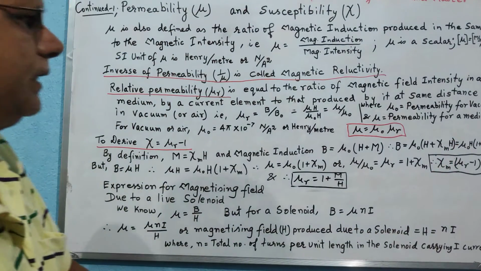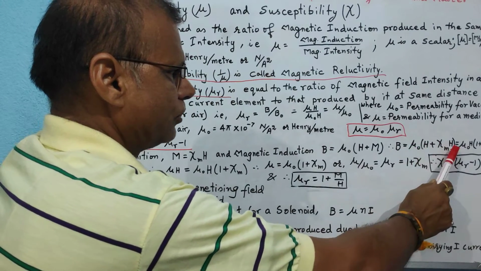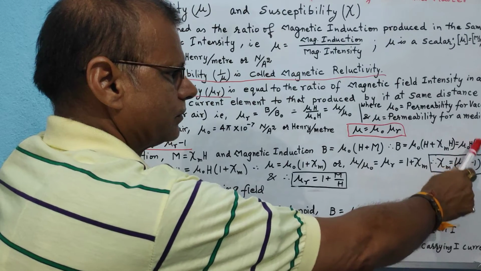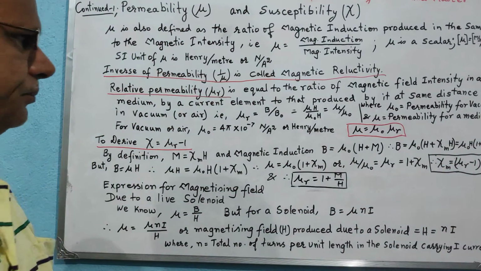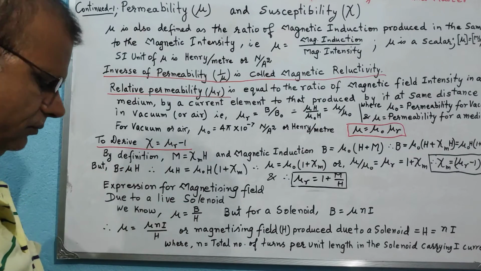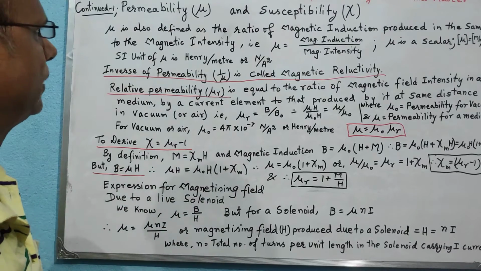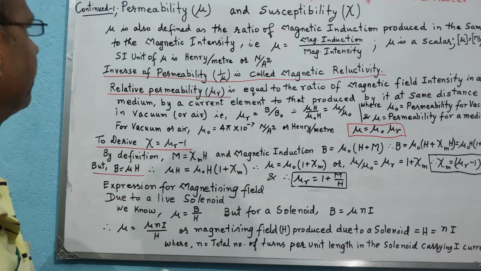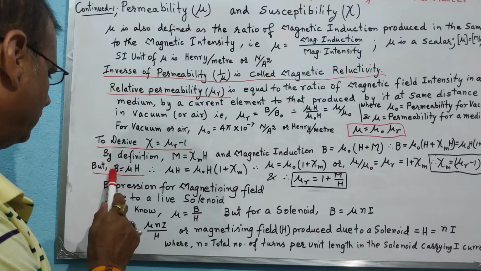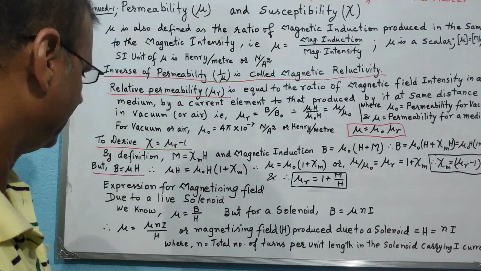Here m refers to the medium. So we take H common outside the bracket, and we have mu 0 H within brackets (1 plus chi m). Now we also have B is equal to mu H, from the first definition of permeability: total magnetic field divided by magnetizing field.